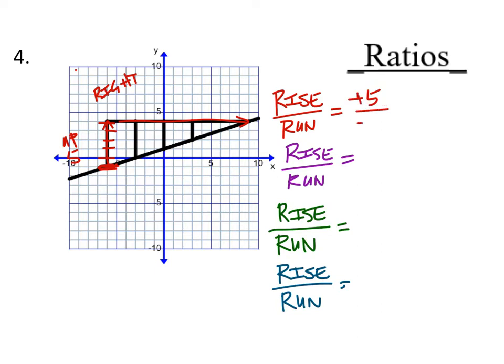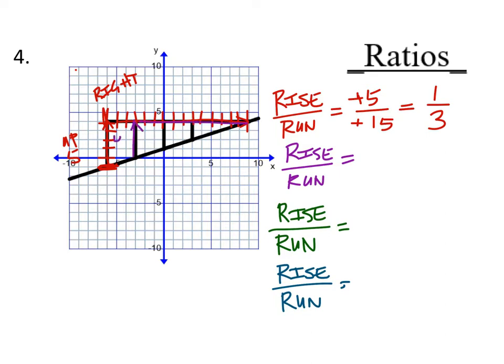And then to the right, which makes the run positive, starting from this line, 1, 2, 3, 4, 5, 6, 7, 8, 9, 10, 11, 12, 13, 14, 15. So the right 15, and 5 over 15 would give us a ratio of 1 over 3 as a fraction right there.